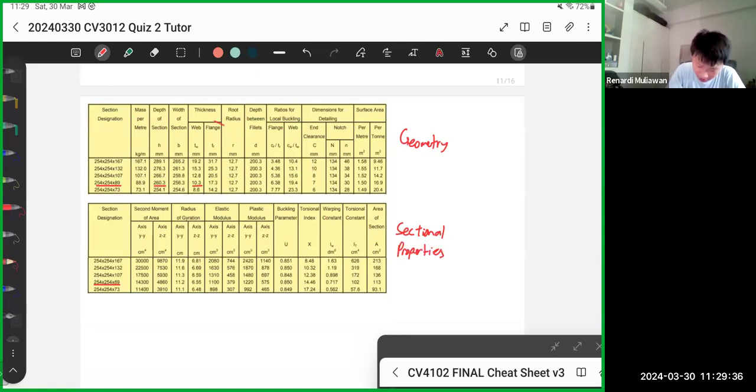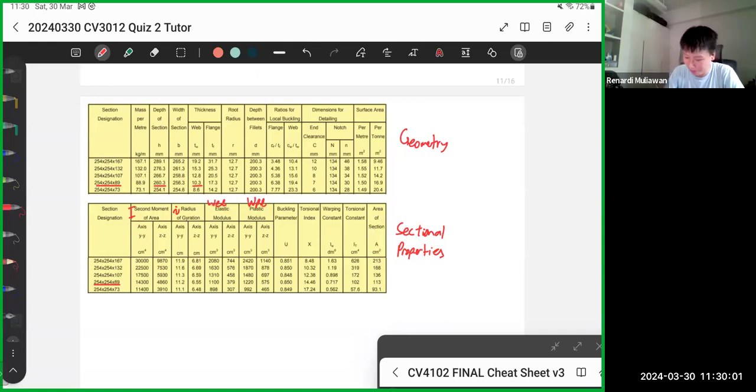So you see, the first page will have h, b, tw, tf, c, all those. For the second page, they have the radius of gyration, i, you will see later, then the second moment of area, big I, elastic modulus Wel, plastic modulus Wpl, all this, and cross-sectional area.